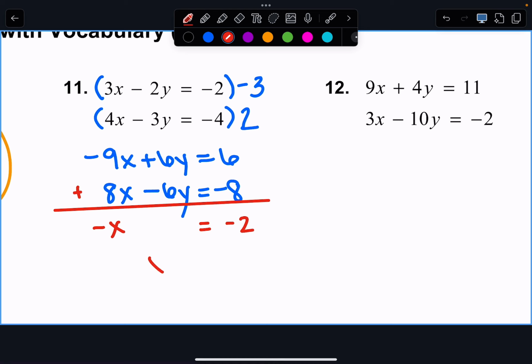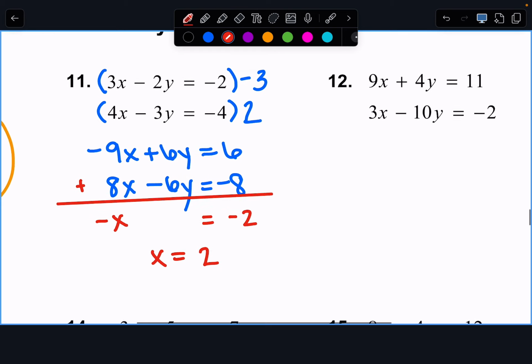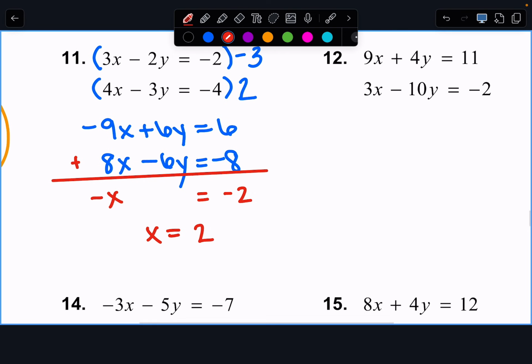What's x? X is 2. Well, if -x is -2, we would divide by -1, right, Joey? Okay. All right, doesn't matter which one you plug it into. I'm going to choose the first one because I don't want to think. I don't want to decide.